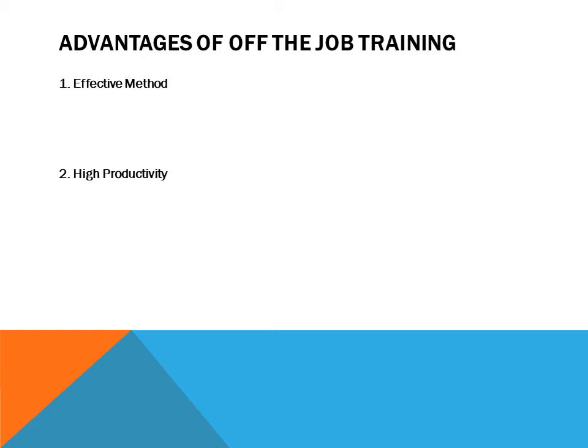Okay, so by having specialized trainers, the employee can learn enough things, and he becomes a skilled worker. And we know that when we have a well-trained worker, definitely we can increase the productivity of the organization.